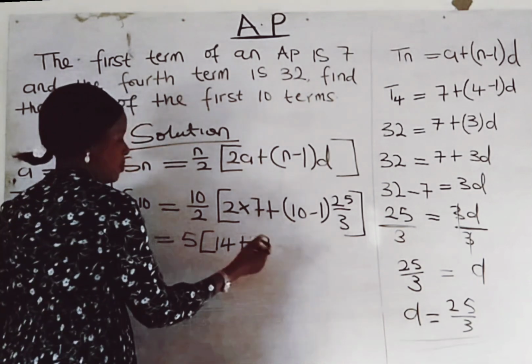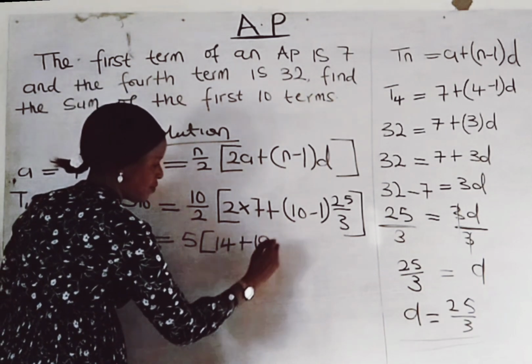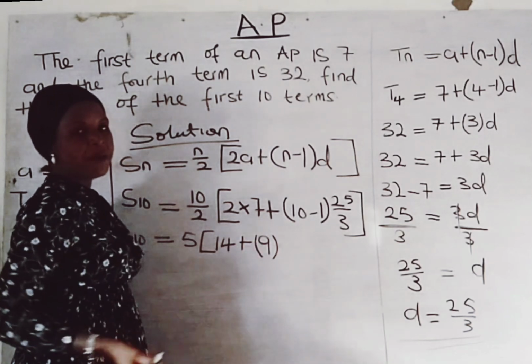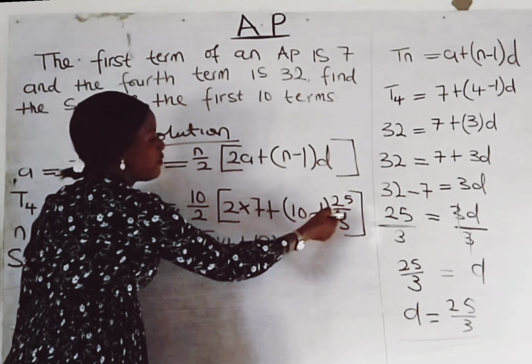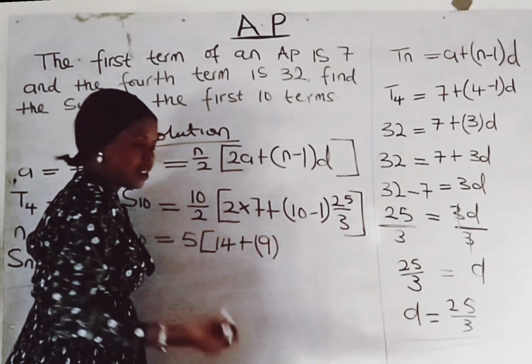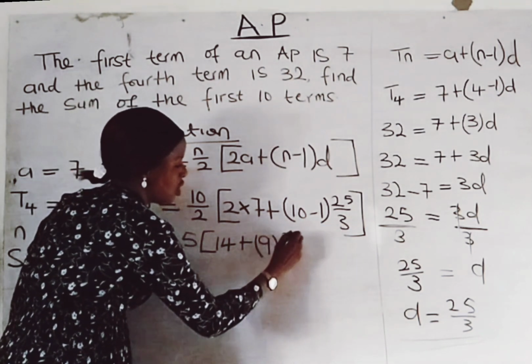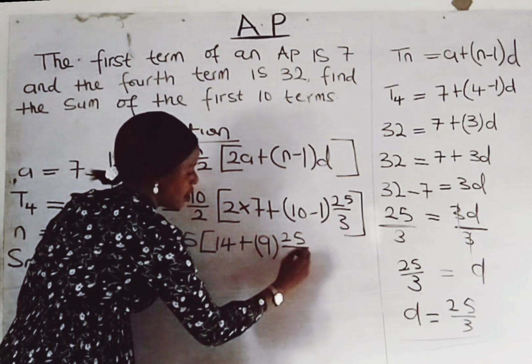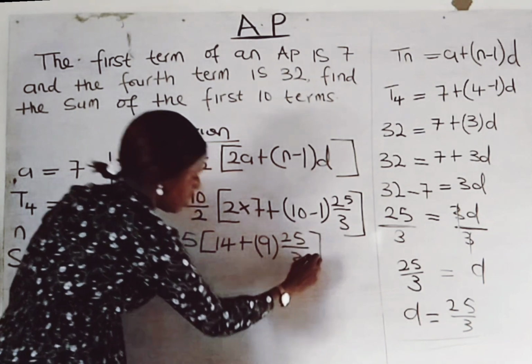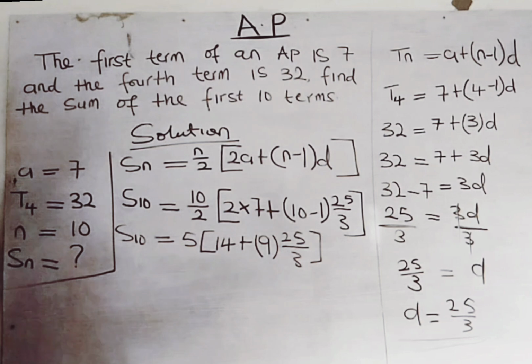Let me put it inside a bracket. Now 25 over 3. Let me just write it down like that: 25 over 3. Close the bracket.